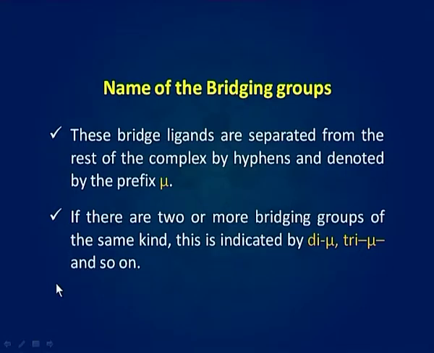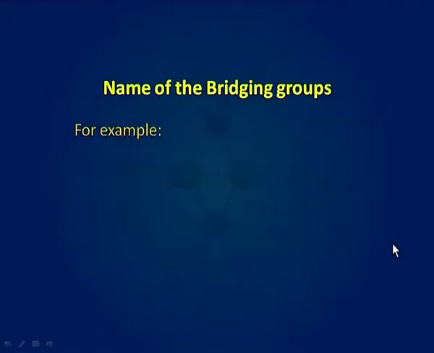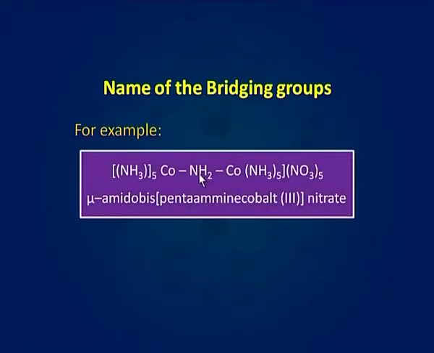If there are two or more bridging groups of the same kind, this is indicated by di-mu, tri-mu and so on. For example, in this complex NH2 is a bridging ligand.